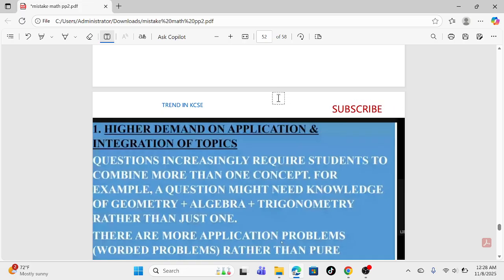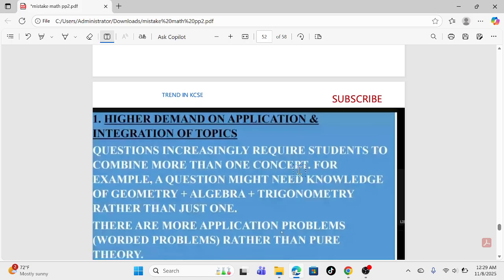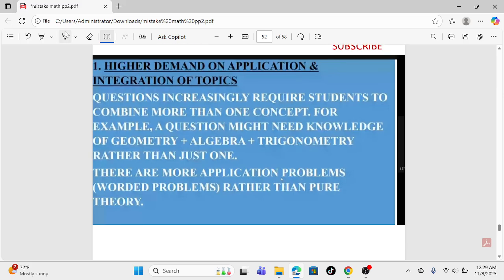The higher demand of the application and integration of topics. Applications increasingly require students to combine more than one concept. For example, a question might need knowledge of geometry, algebra, and trigonometry rather than just one. There are more application problems, worded problems, rather than pure theory.